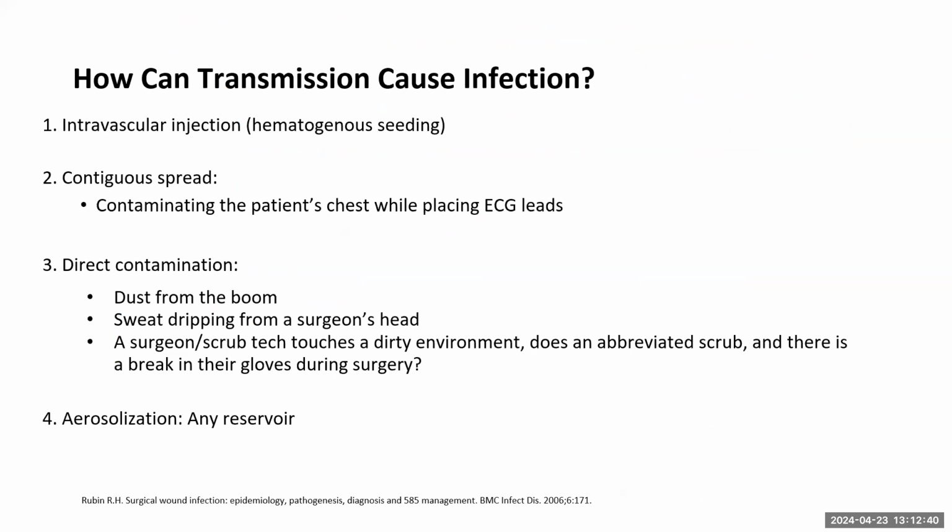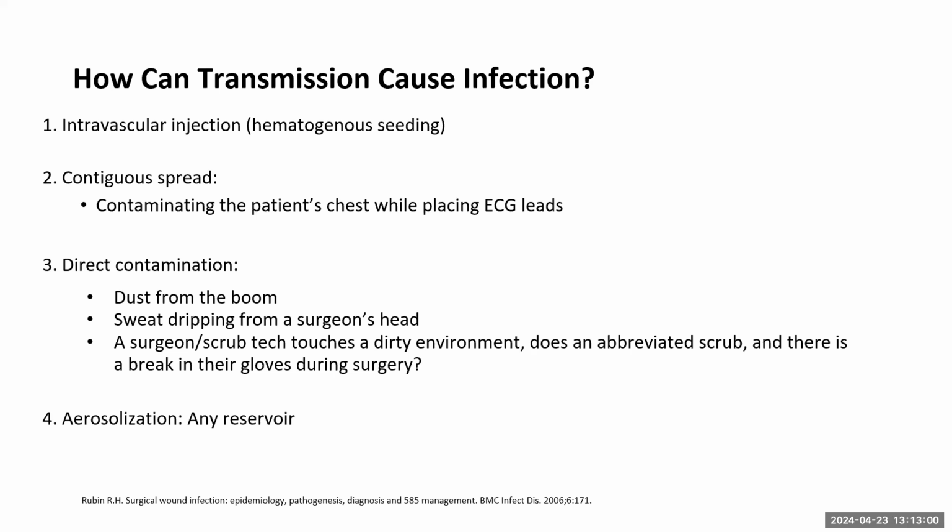Now, you might wonder, how does this movement cause infection? Well, it can do this in several ways, all of which are proven. These organisms can be injected through the patient's intravenous catheter, and many patients undergoing surgery have multiple catheters. They have peripheral catheters, and some have central venous access.